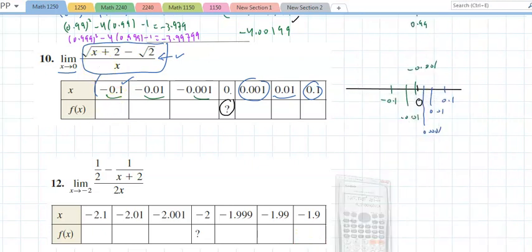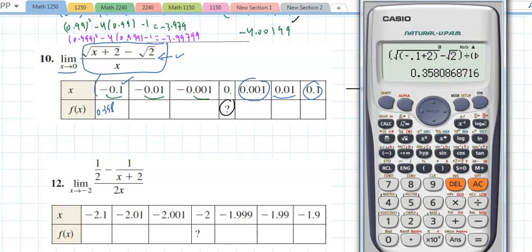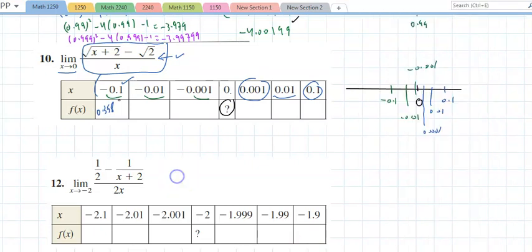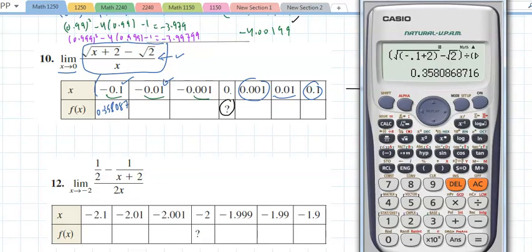Let me see what that number is. 0.358, 0.87. Now when I get to this number, do you see that I have to redo the whole thing?